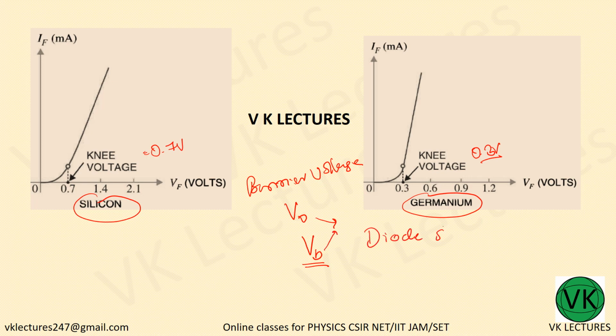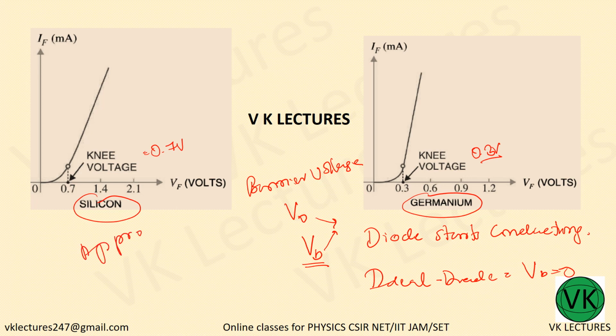For an ideal diode, as we have already seen, VB is taken as 0. If you are taking the approximate or simplified model, this V0 value should be added.